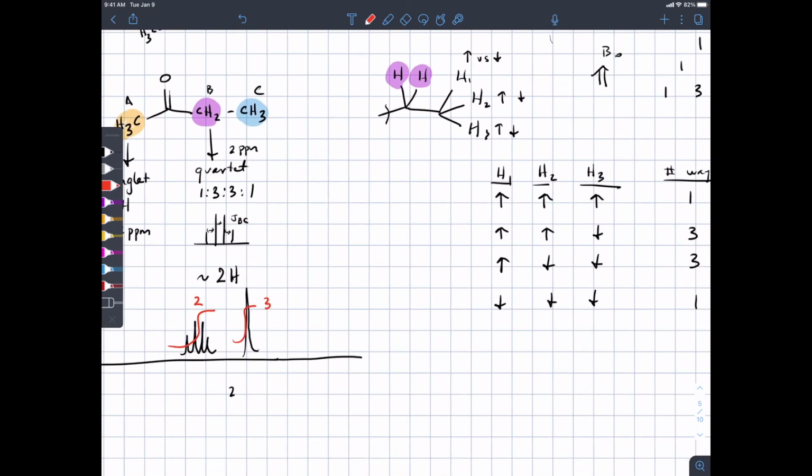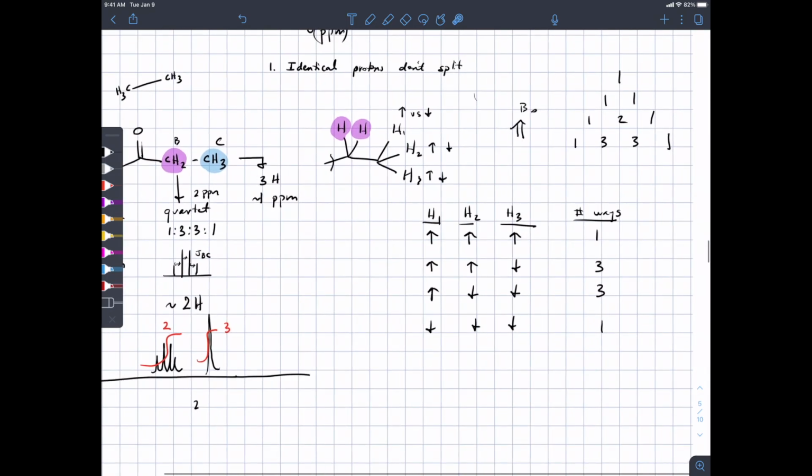And then based on what we've talked about, let's talk about proton C. It should integrate for 3 protons. Its chemical shift should be around 1 ppm. Proton C are adjacent to 2 other protons. If you're only adjacent to 2 other protons, that gives you 3 different possibilities.